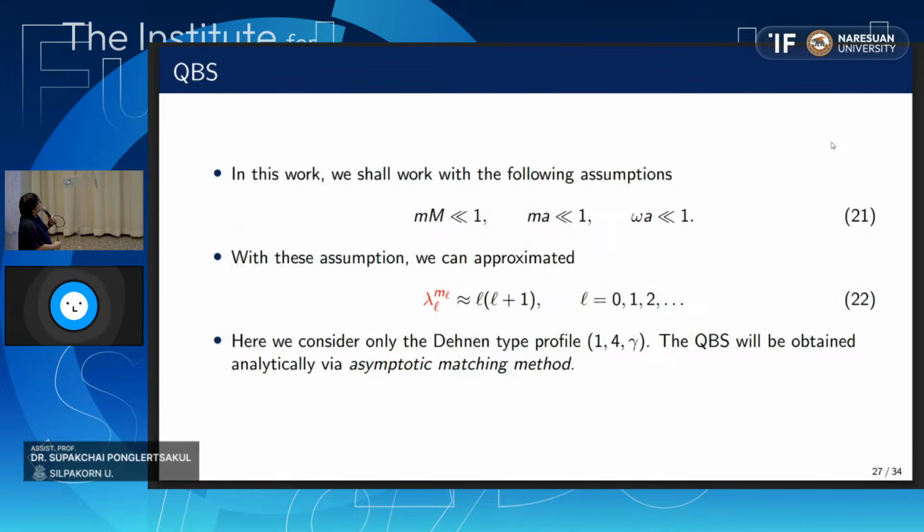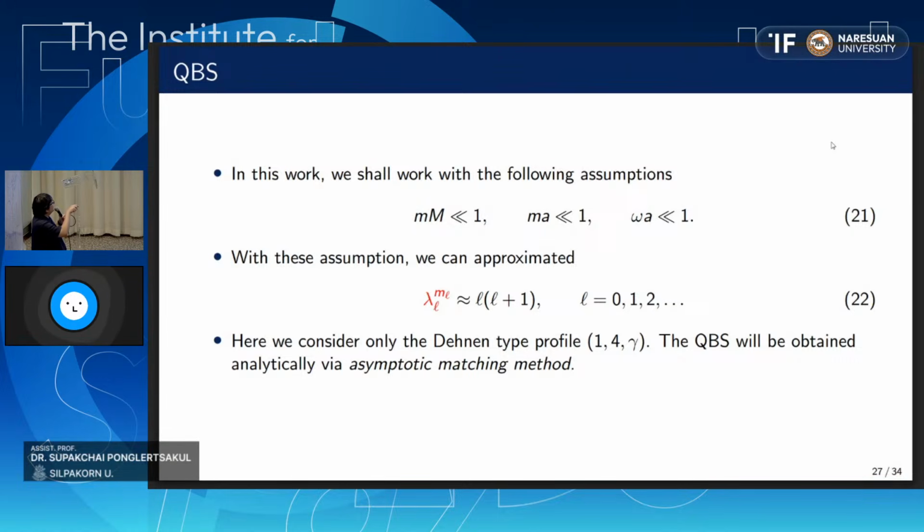And since we are going to do some analytic work, it's better we put some assumptions onto the system. For example, slowly rotating. So we consider only when a, the spin parameter, is very small. In this case, in particular, we can approximate that the separation constant takes just the spherically symmetric form, L times L plus 1.